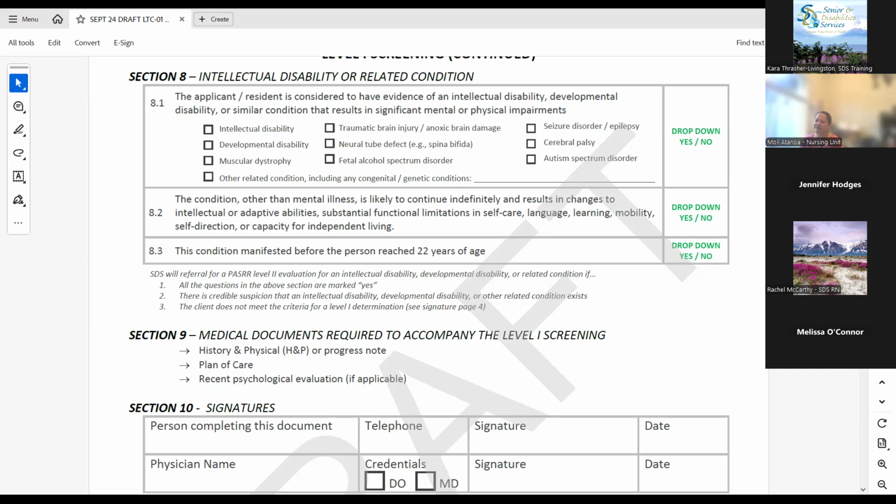However, I will say if you are reviewing and you see information that's questionable, or information that might lead you to question a response or the outcome of a level 1 screening, we encourage facilities to follow up on that.